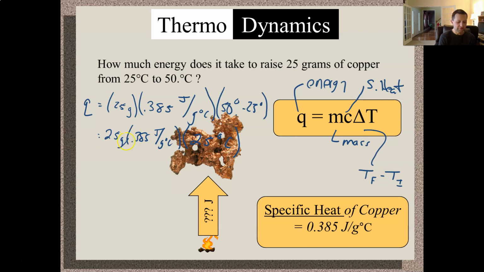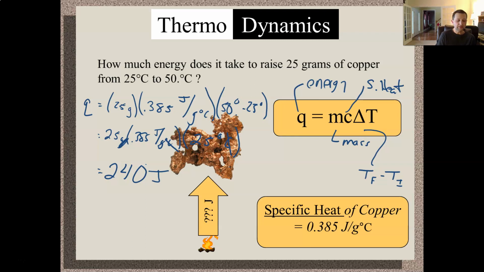Grams on the top cancels out with grams at the bottom in our specific heat. And Celsius on the top cancels out with the Celsius in the denominator of our specific heat. The only unit that's left is joules. So the grams cancel, the Celsius cancel, that's why it's really important to look at it that way. Looks like our answer should have 2 sig figs, and we end up with 240 joules of energy to raise 25 grams of copper by 25 degrees Celsius, from 25 to 50.